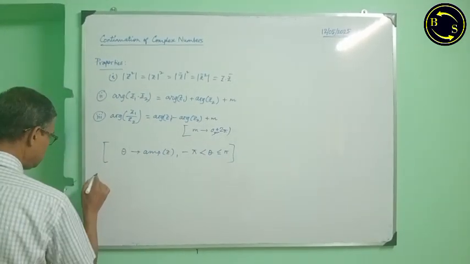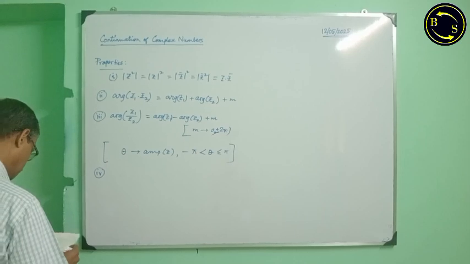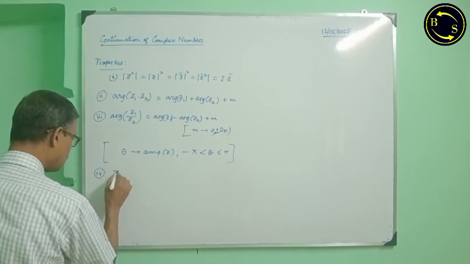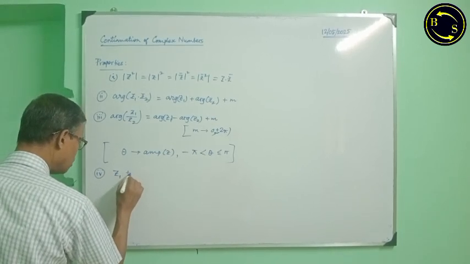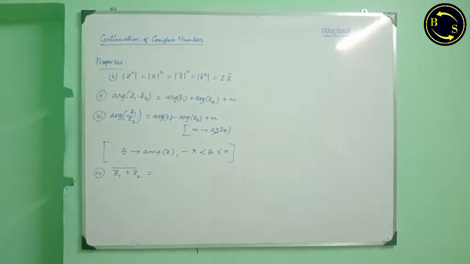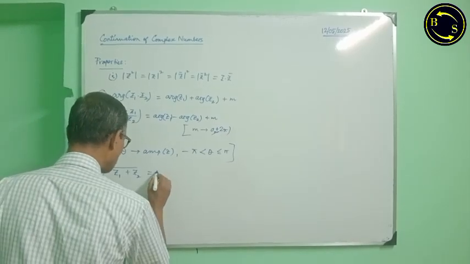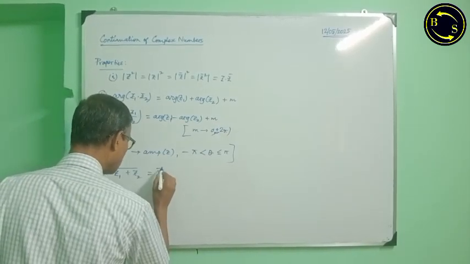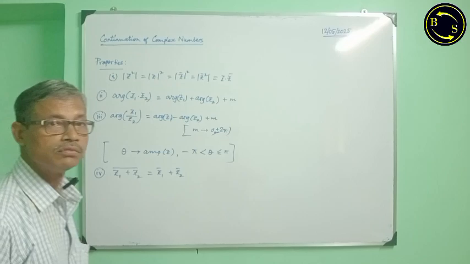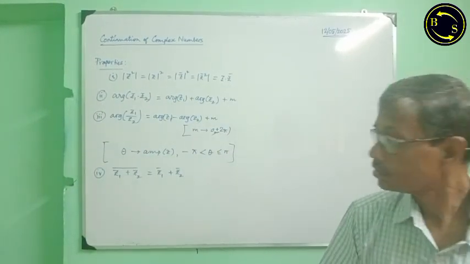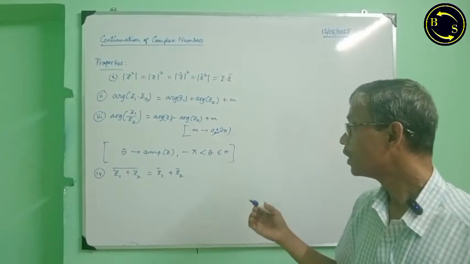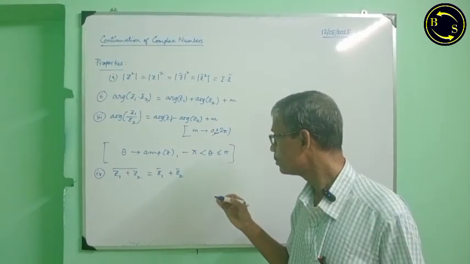Next property, related to conjugate. Number 4: the conjugate of the sum of two complex numbers z1 and z2 is equal to the sum of their conjugates, that is z1 conjugate plus z2 conjugate.